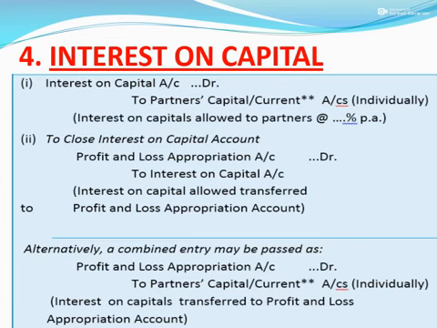Then the entry will be profit and loss appropriation account debit to interest on capital account. We can make a combined entry, that is profit and loss appropriation account debit to partners capital or current account. If the capital is fixed, then we will transfer it to the current account. If the capital is fluctuating, we will transfer it to the partners capital account.